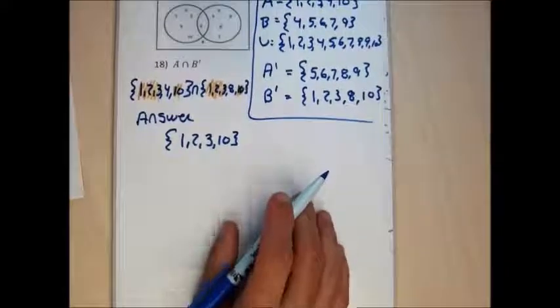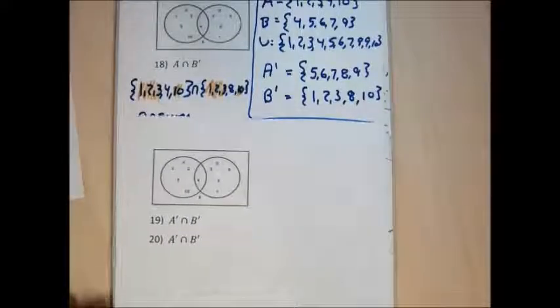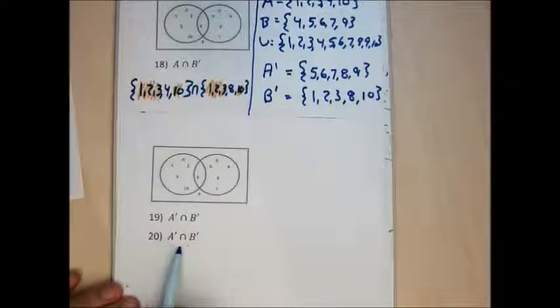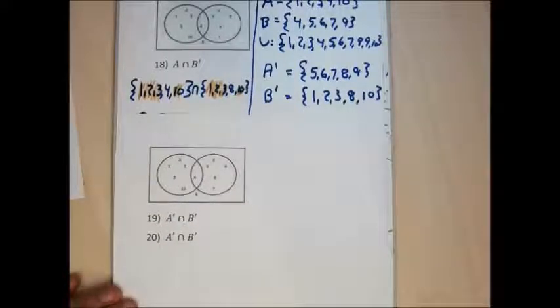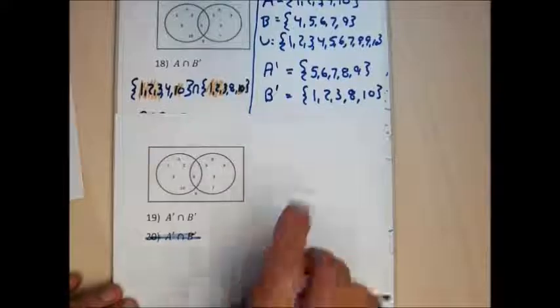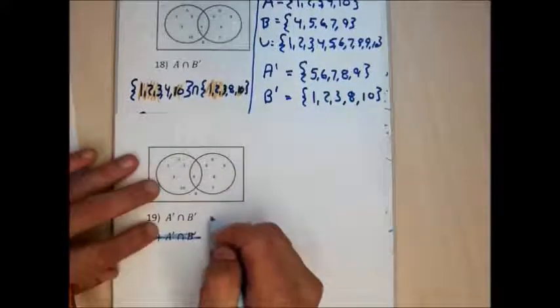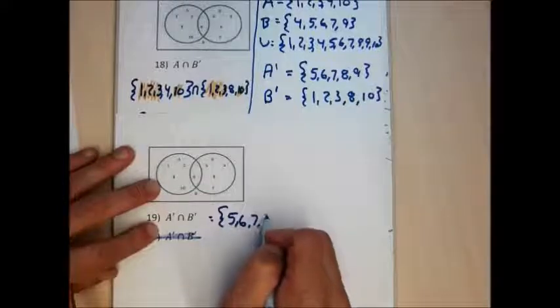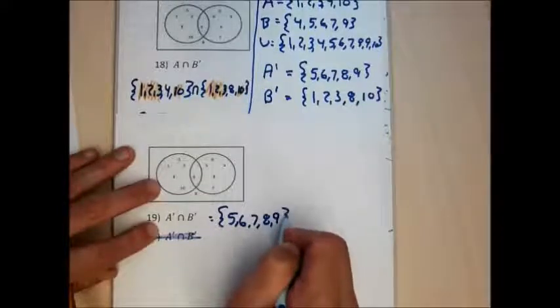We're going to use these same sets when we do problems 19, 20, 21, and 22. Let me just do 19. Well, 19 and 20 are the same problem, so I'll do 19. 19 wants me to do A complement, which I have written as 5, 6, 7, 8, and 9.